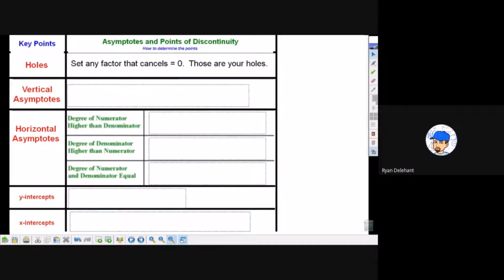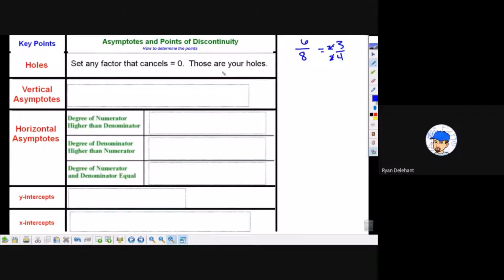Would you ever leave 6 over 8? What would you do? You would write 3 over 4, right? Because you would cancel out the common factor of 2. That's what I'm talking about here.